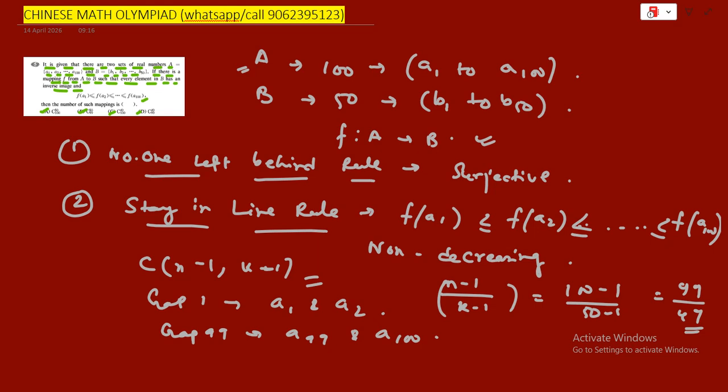But here is the one thing you should look at. Look at option B and option D again.